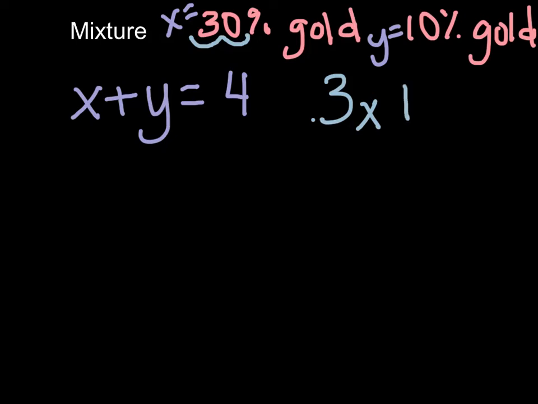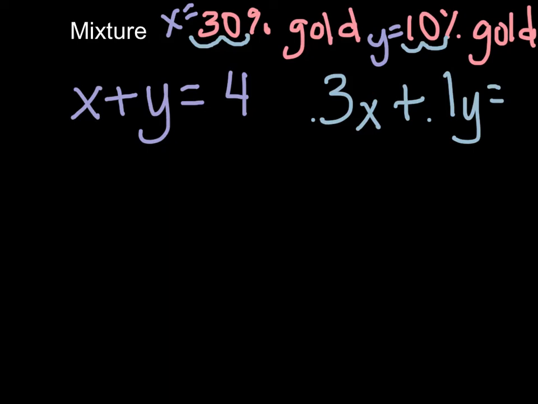So that means that when I change this one to a decimal so I can multiply, it would be 0.1. And remember, that was y. Okay, so I know that I'm adding these together. I've changed my percents to decimals. Here's the part where you need to know. When you add those together, in the problem, it said that it wanted an alloy of 15% gold.